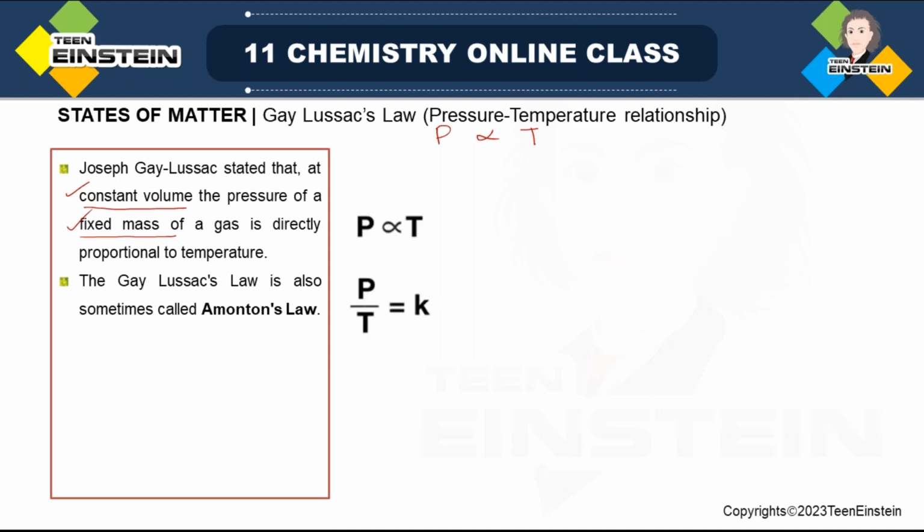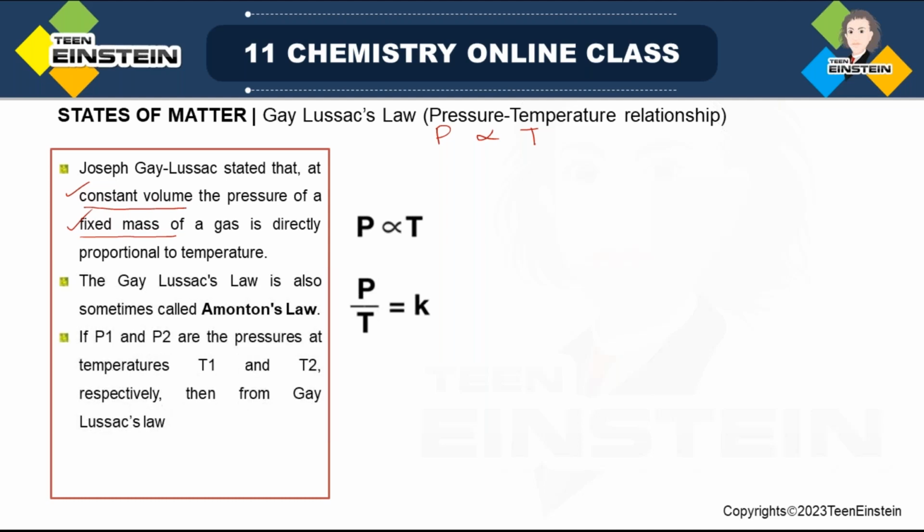So P is related to T in this way, directly proportional. If you remove the proportionality sign, you have to write it as P equal to KT, or P by T equal to K. Now suppose we have taken two different states. One is pressure P1, that is initial, and the final is P2, and P1 corresponding temperature is T1, P2 corresponding temperature is T2 respectively.